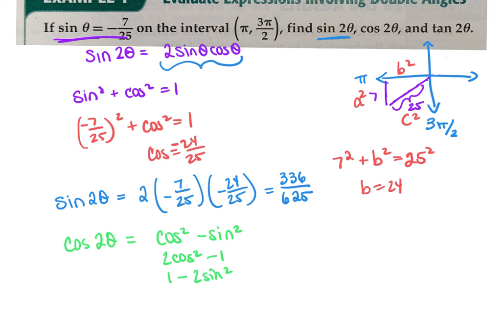So let's say, that one's a hard one. Let's do sine. What do we solve for? Sine is negative 7 over 25, so let's plug that one in. We're going to take what they gave us. We're going to use this one: 1 minus 2 times negative 7 over 25 squared. That's 1 minus 2 sine squared.